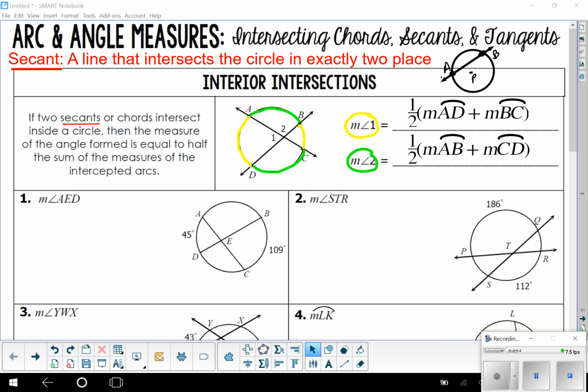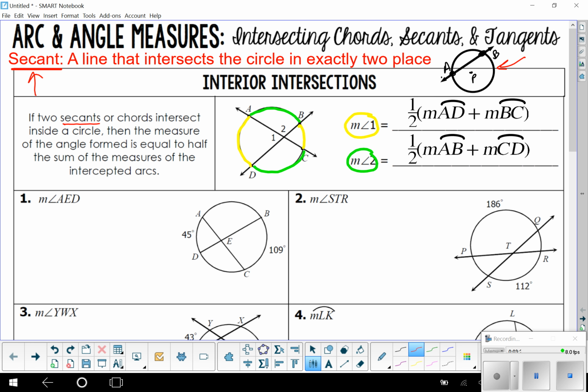So if you can see up at the top, I defined for you the secant vocabulary, and you should put that in the front of the notes. I don't have it on my video here. A line that intersects a circle in exactly two places, and there is the picture that you should copy down for the circle, also on that front page.